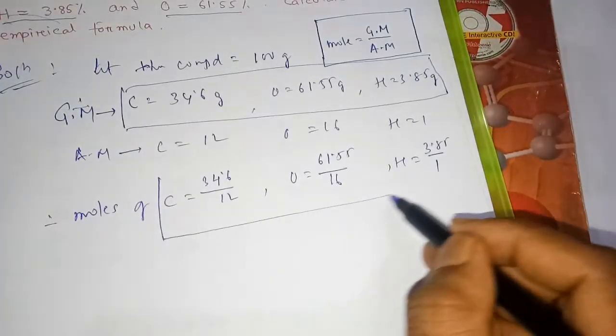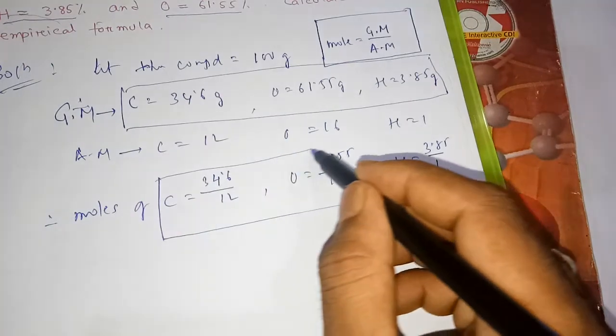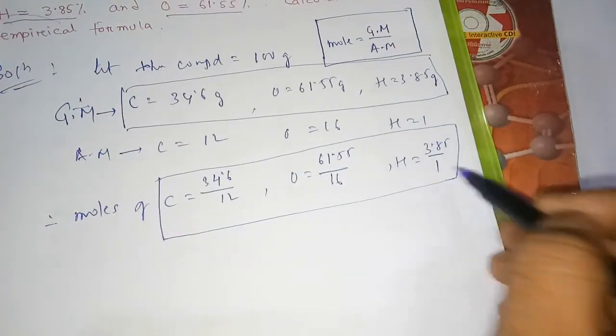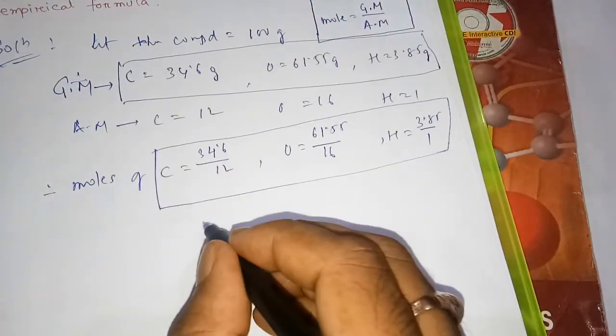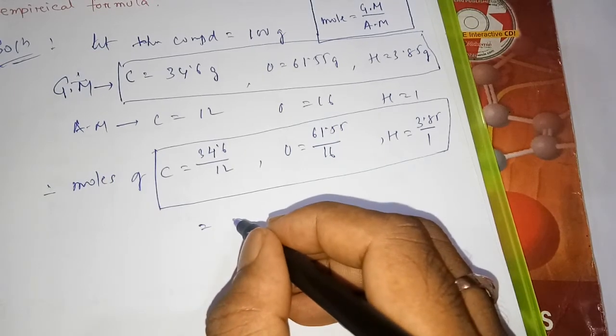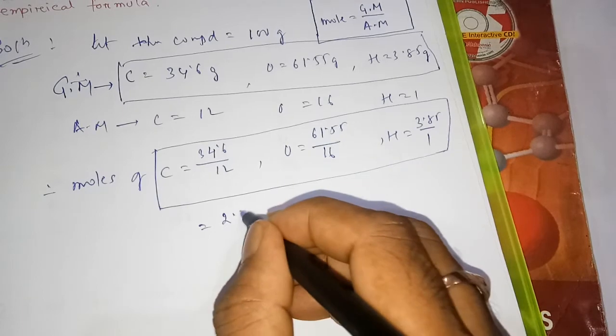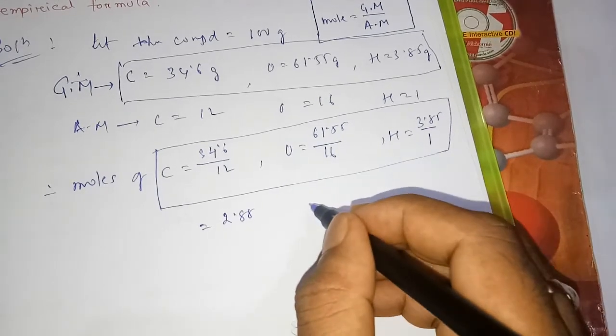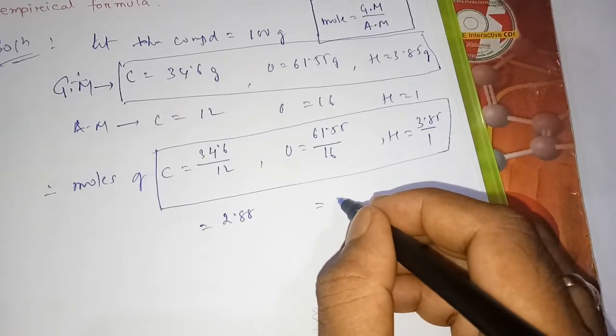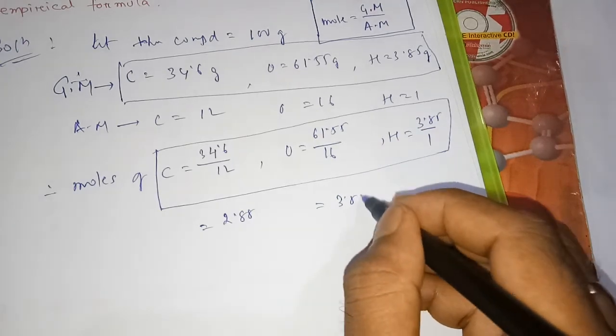So these are your moles of carbon, oxygen and hydrogen. If you divide 34.6 by 12, you will get 2.88. This value you will get 3.85.